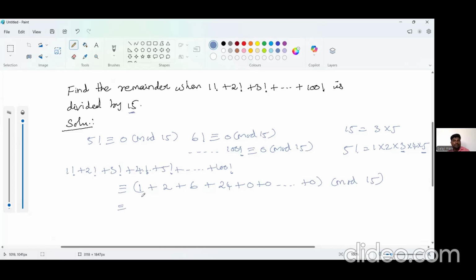Adding the numbers: 1 plus 2 is 3, plus 6 is 9, plus 24 is 33. Now 33 divided by 15: 2 fives are 30, so the remainder is 3. So 33 ≡ 3 (mod 15). Therefore the required remainder is 3.